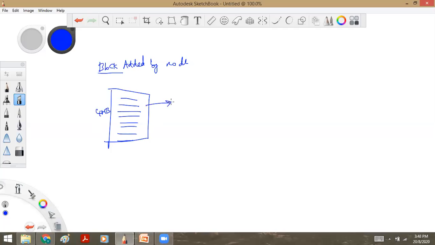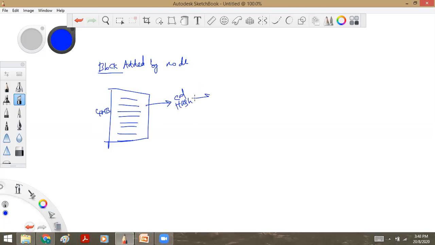Before adding a block, the node should use its private key, sign it, and calculate the hash.